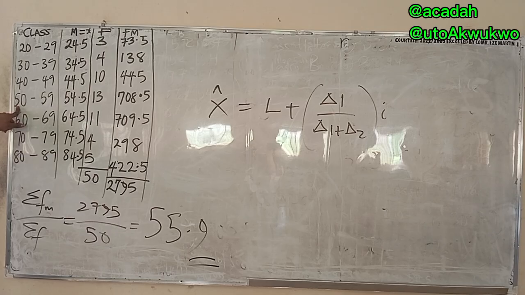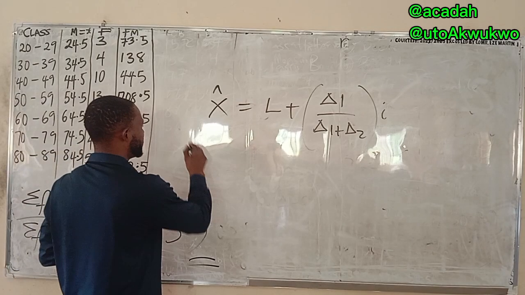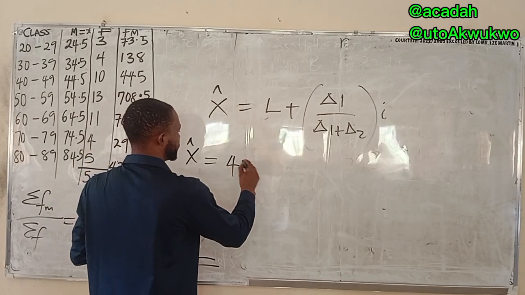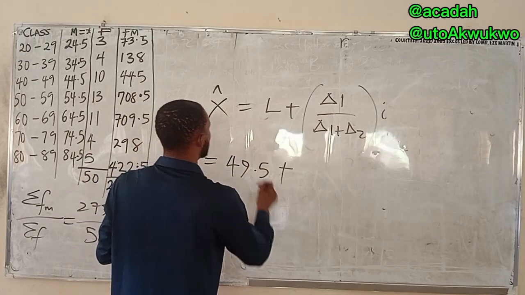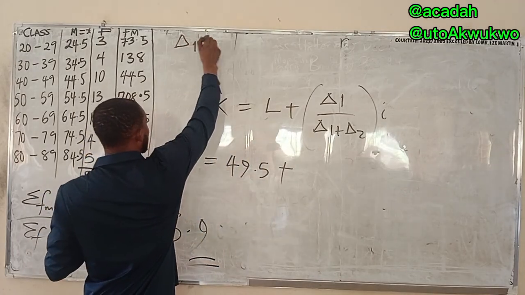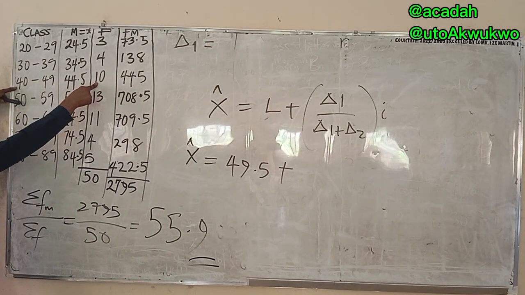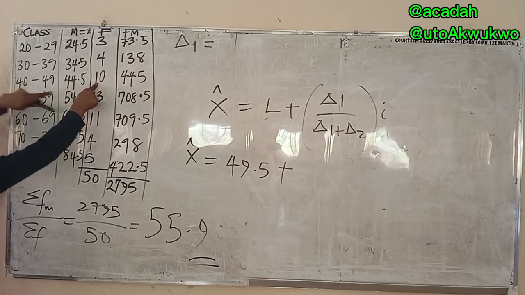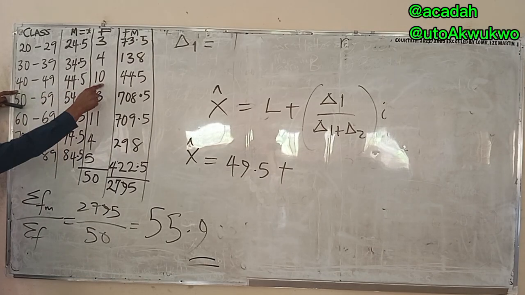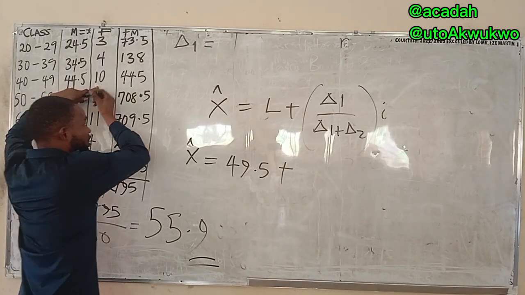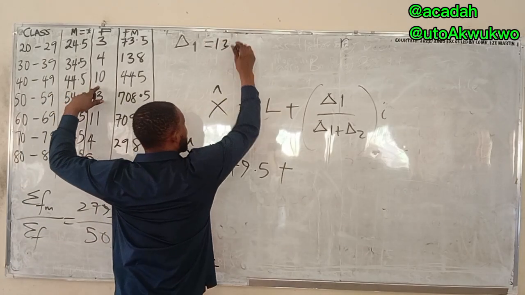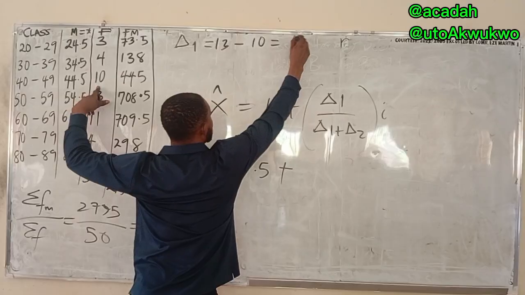Now, the class before this modal class has a frequency of 10, while the modal class frequency is 13. So we do 13 minus 10, which gives us 3.